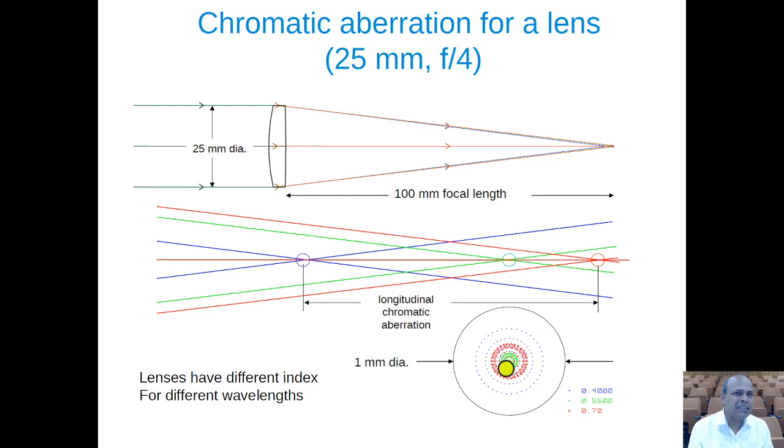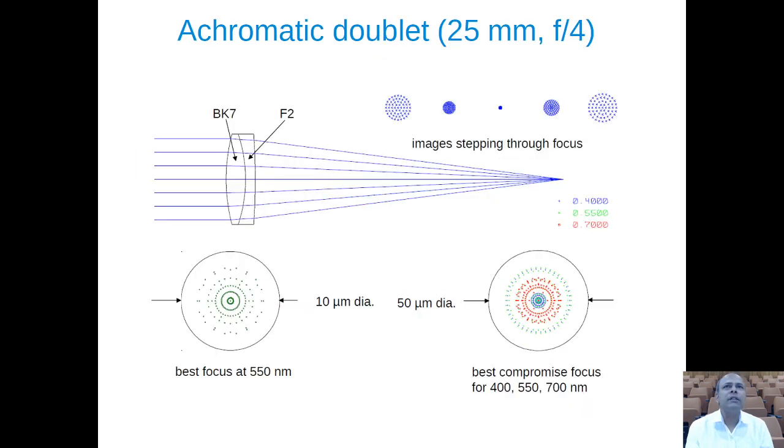The energy conservation is shown over here. So 1 millimeter diameter is very high. It is 1000 micron diameter we are talking about, and our aim would be to minimize this energy concentration to as small a diameter as possible. So we use an achromatic doublet to remove this.